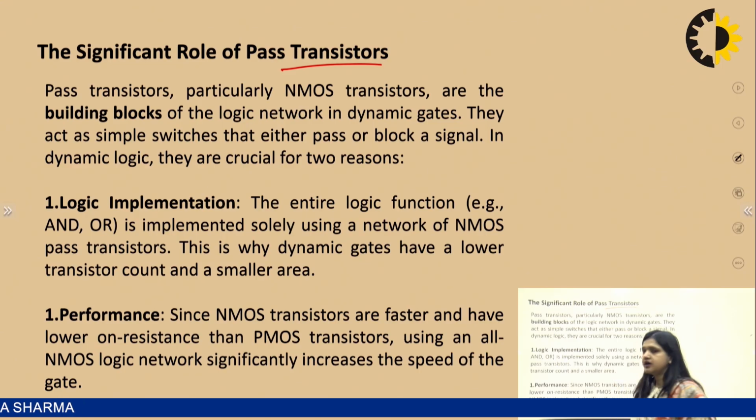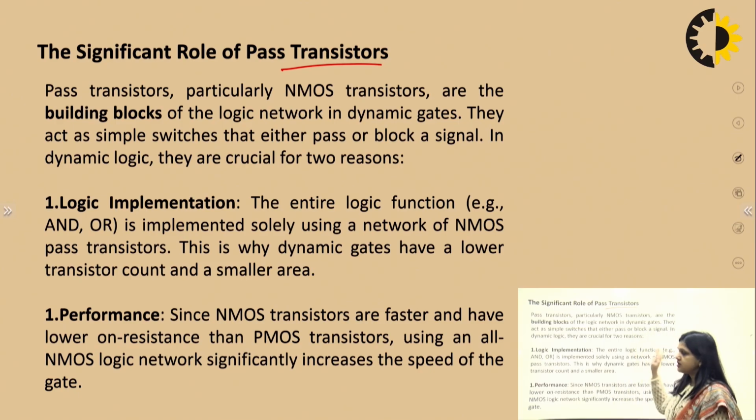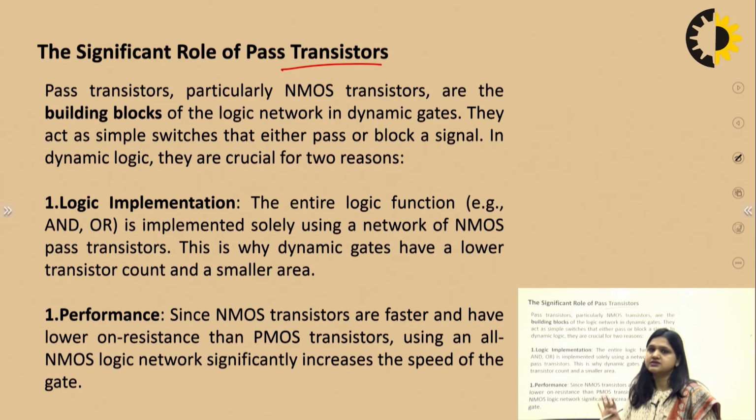In dynamic logic style, we need two kinds of inputs: one is the main inputs A, B, C, D, and the second input is the clock. So, by using this pass transistor technology, simultaneously we can apply the clock as well as the input signal. So, there is a significant role of pass transistors while designing dynamic CMOS.